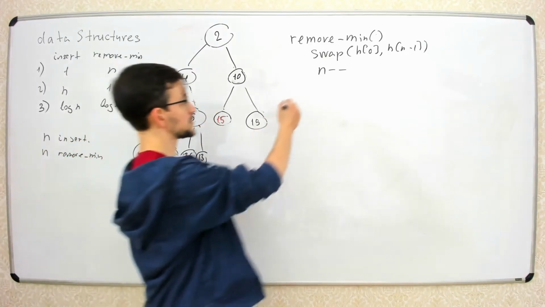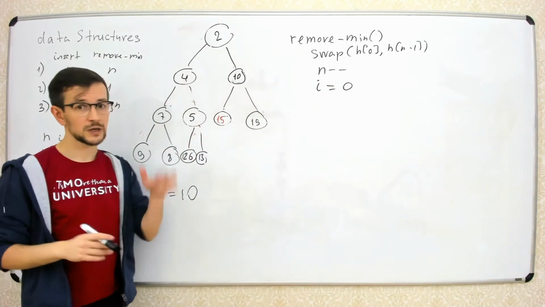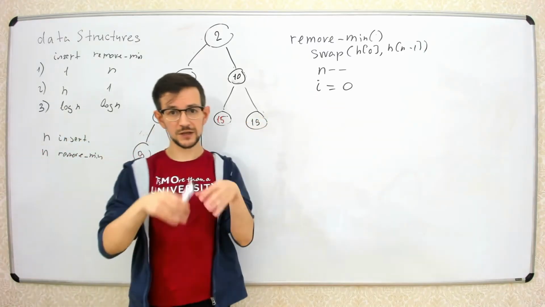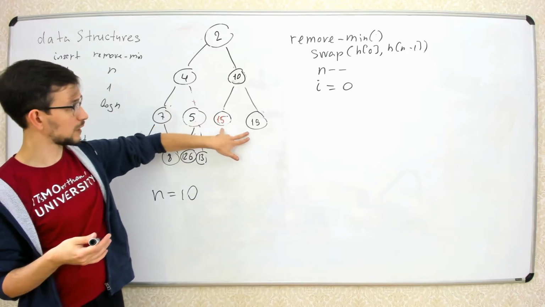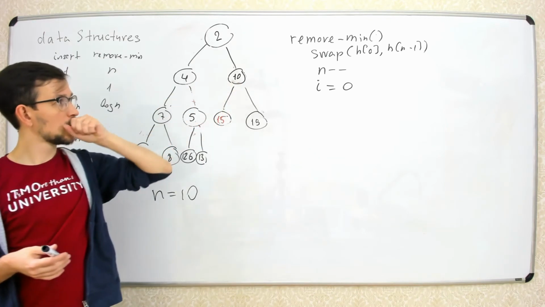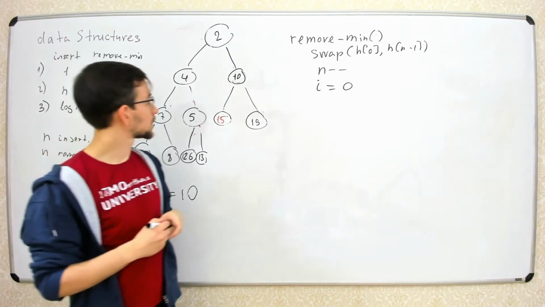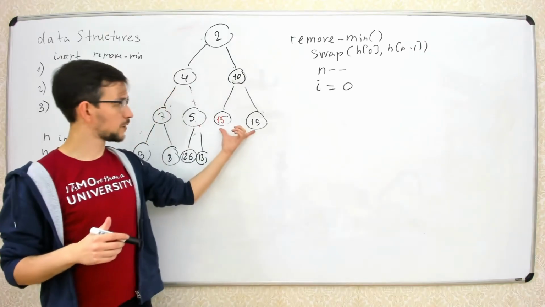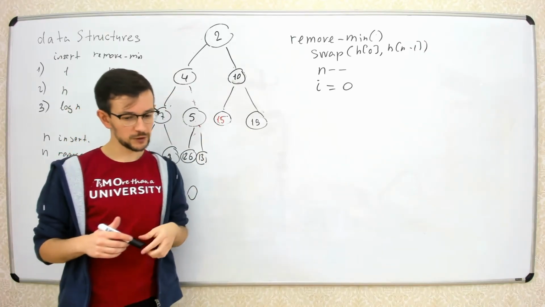Let's see. So i is the index of the new element. So again, like before, i is the index of the broken element. So this broken element may have an incorrect property for these 2 children nodes. So each time we will find the minimal of these 2 children and try to swap with this minimal child.